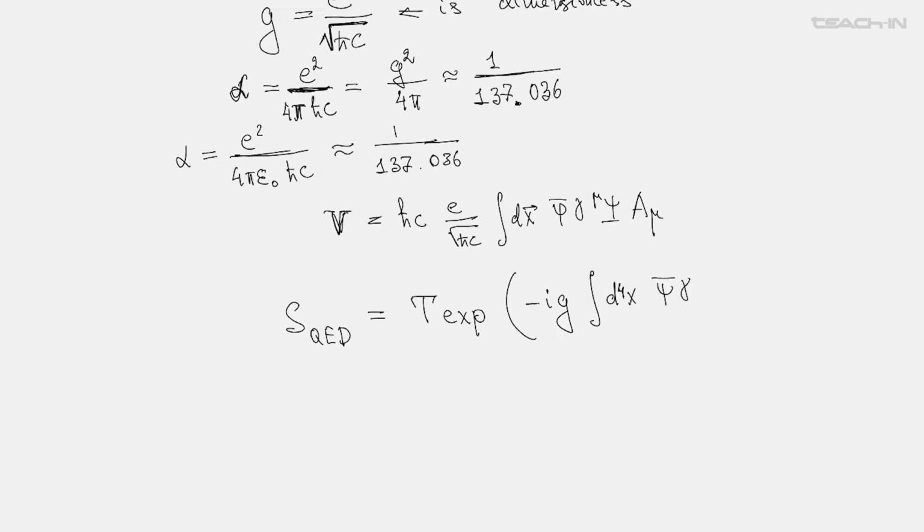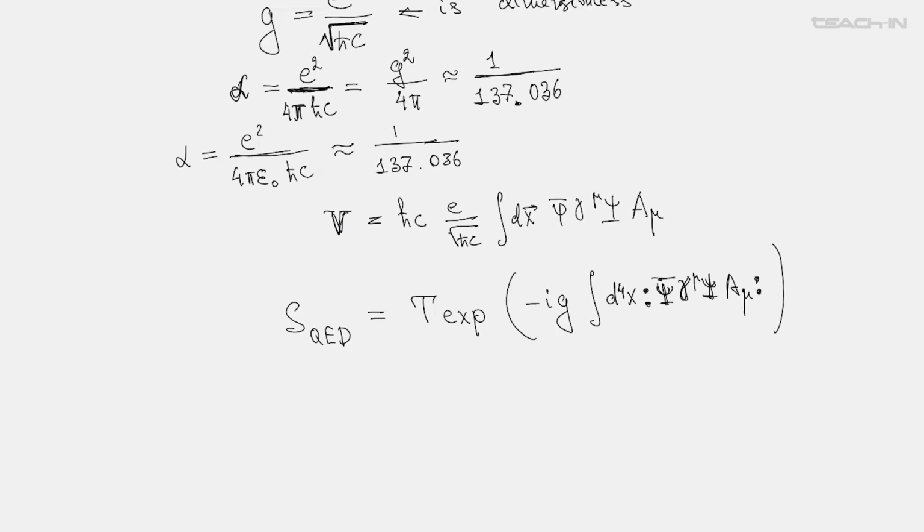And it is convenient to consider the interaction term to be normal ordered in quantum theory. I want to consider this as a normal ordered operator, psi bar gamma mu psi A mu. This is how the S matrix of quantum electrodynamics looks.